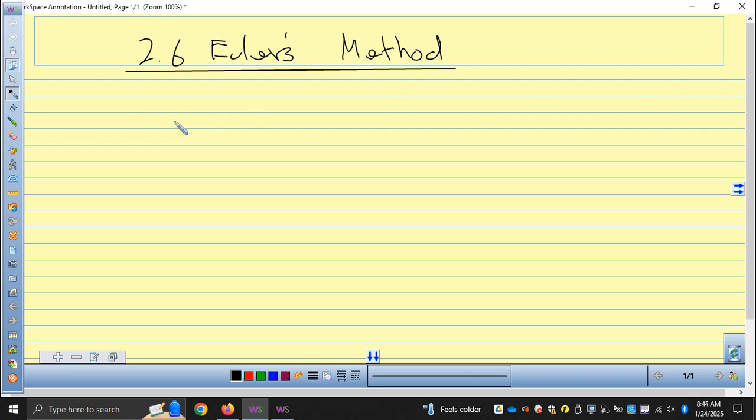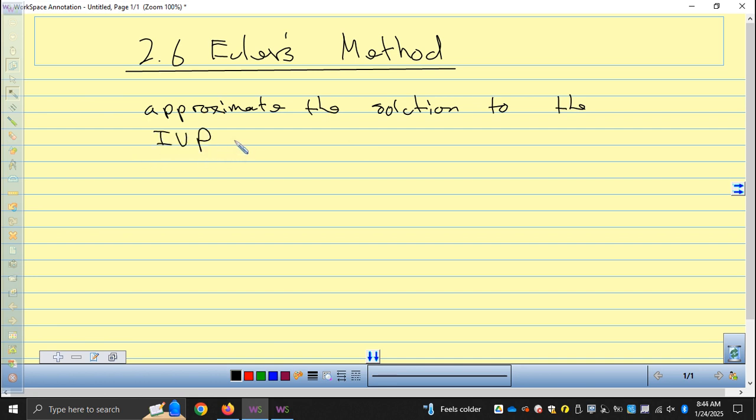So Euler's method. Our goal is to approximate the solution to an initial value problem, y prime equals f of x, y, and we're given y of x0 equals y0.